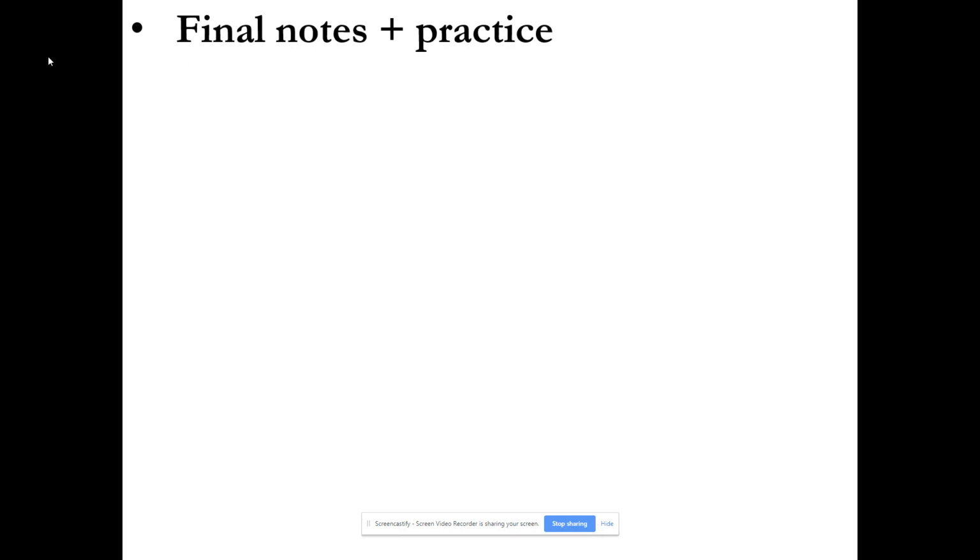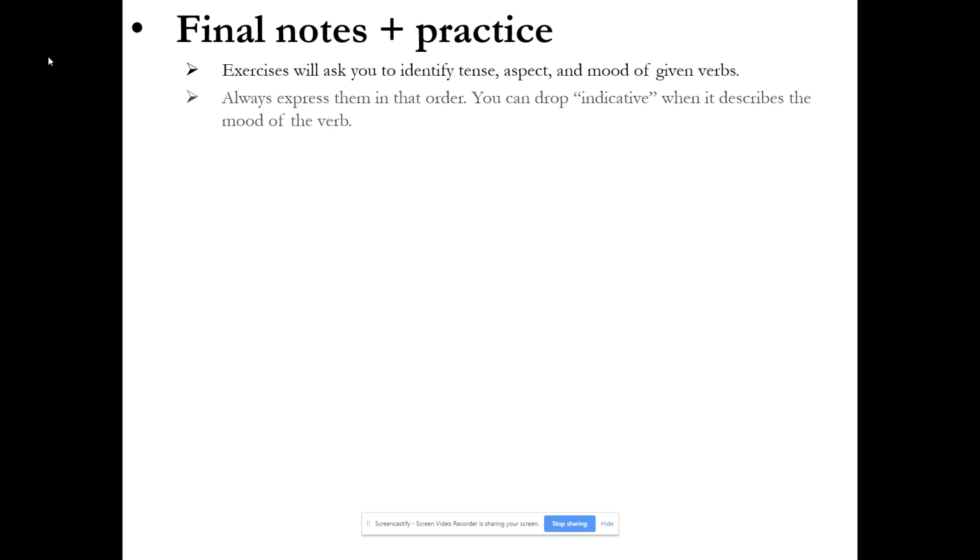Okay, so some final notes here. Exercises for this concept will ask you to identify a few things: tense, aspect, and mood of verbs. Always express them in that order. So you say the tense, and then you say the aspect, and then you say the mood in order. If the mood is indicative, you can drop it.